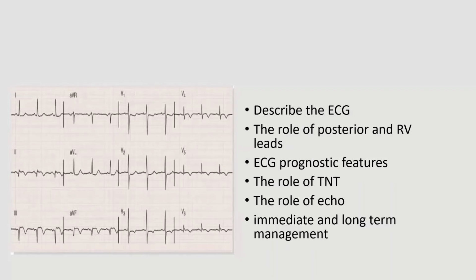If I have this STEMI with troponin of 0.2, it's not the same as a STEMI with troponin starting at 4. The more troponin, the more myocardial damage, myocardial injury. Okay, so troponin reflects the amount of injury, so it's very prognostic.